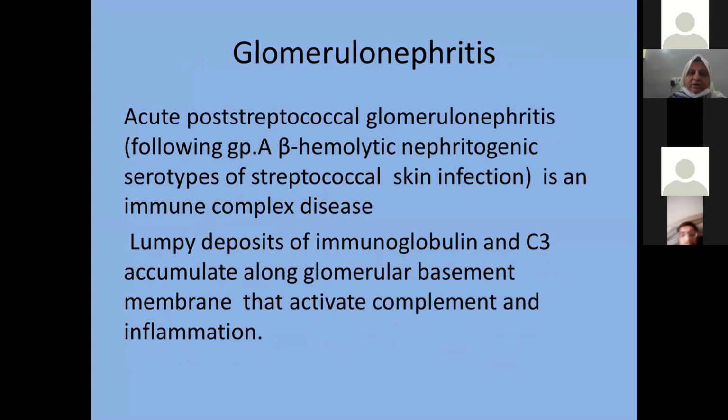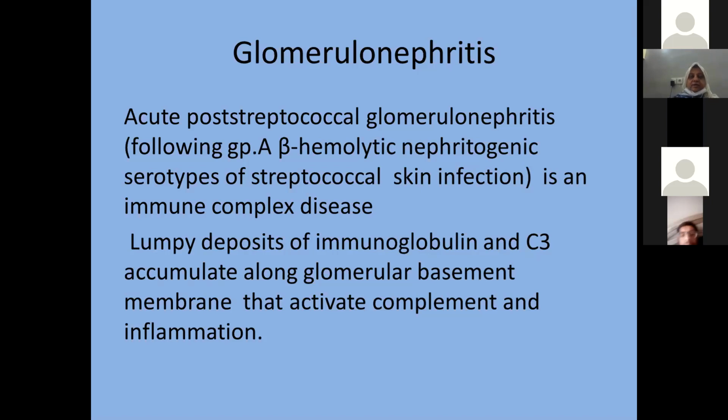So after the species that causes skin infections, antibodies are produced against those streptococci and certain cells in the body that resemble a portion or part of the bacterial cell also. And these antibodies combine with the cells against which they are formed, and lumpy deposits of immunoglobulin and also the complement accumulate along the glomerular basement membrane.